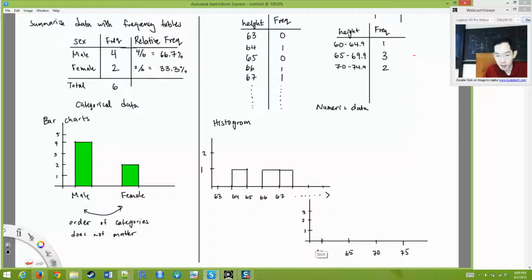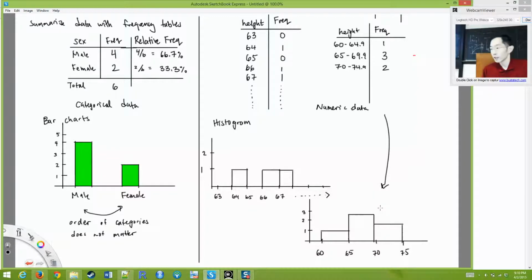So from 60 to 64 we have 1 person. From 65 to 70 we have 3 people, and from 70 to 75 we've got 2. Okay, so this would be the histogram for that data right there.